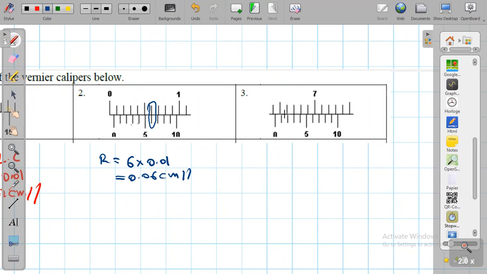Third one here: 1, 2, 3, 4 is the fourth line. Reading equals 4 multiplied by 0.01. So the answer is 0.04 centimeter. Really simple one.